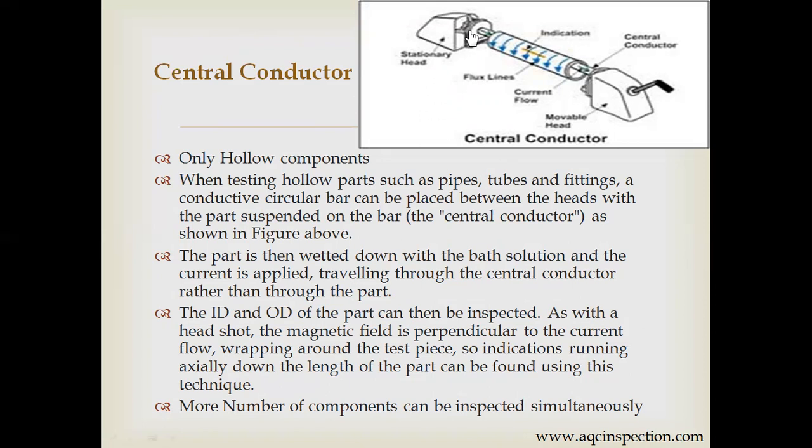When current is applied to the copper conductor, the produced circular magnetic field passes around the component. Remember, a minimum of 3 rotations is required for complete inspection.